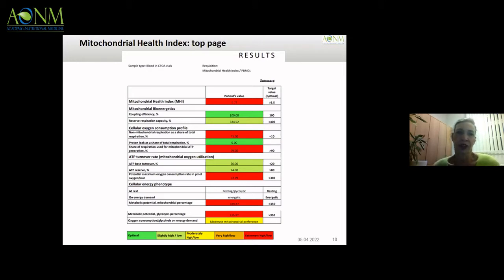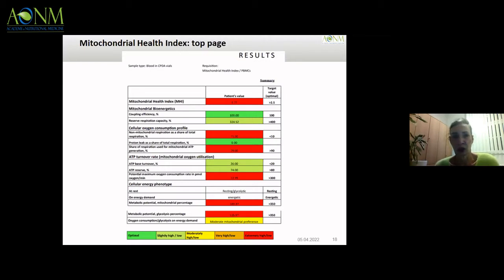So if we look at the coupling efficacy, we see this 100%. That might be a problem because it's high, but we will see that later. If we don't look at the coupling efficacy for the moment, we have a reserve respiration capacity.